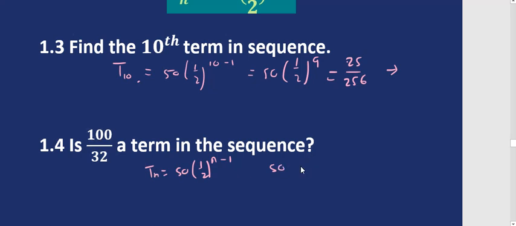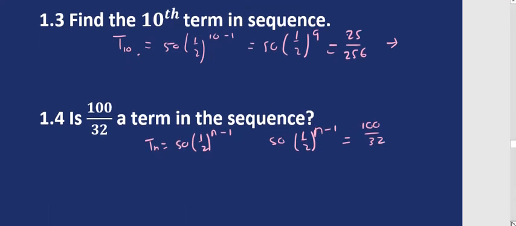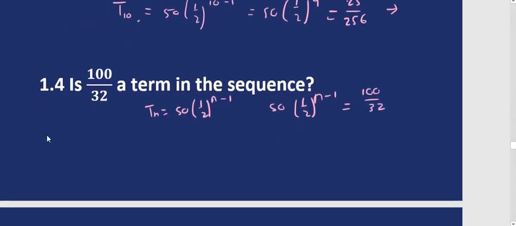Okay, so let's equate our Tn to the fraction. To simplify, of course, let's do it over here. To simplify, we could just divide both sides by 50.